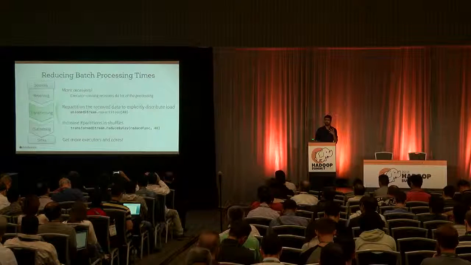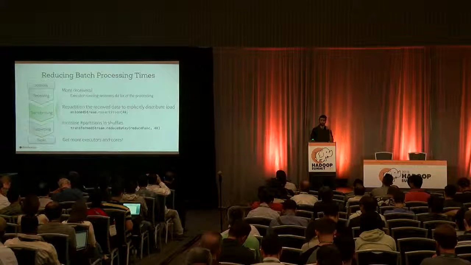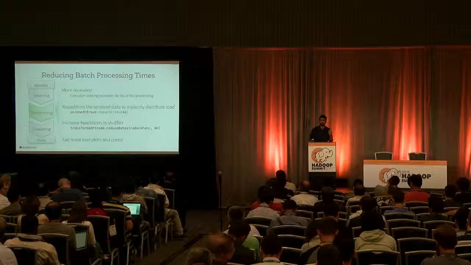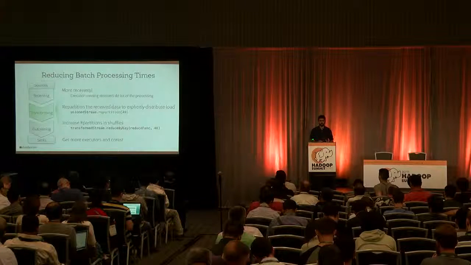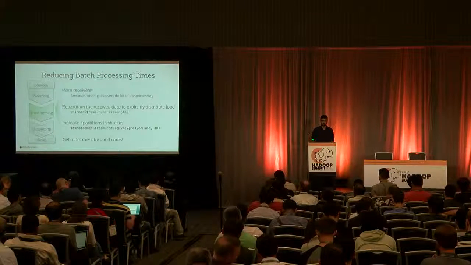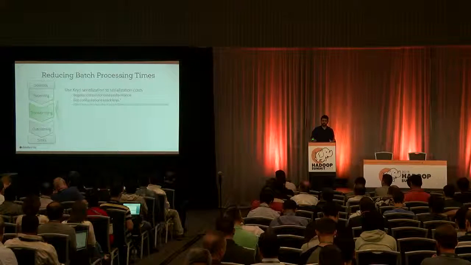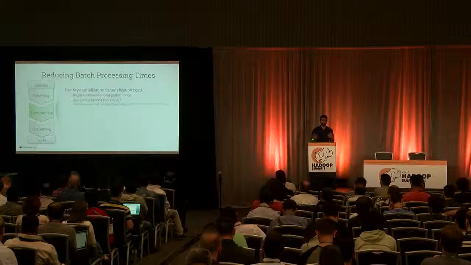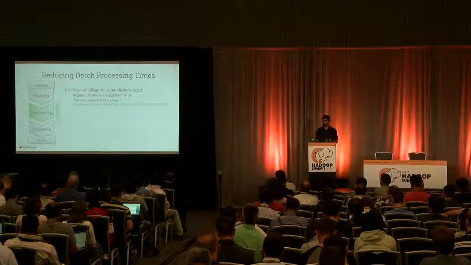If you're doing some kind of shuffle like reduce, you should specify a sufficient number of reducers, a sufficient number of partitions, and obviously get a larger cluster so that all these things can be done in parallel. Finally, lower level optimizations like using Kryo serialization can be enabled to reduce serialization costs.